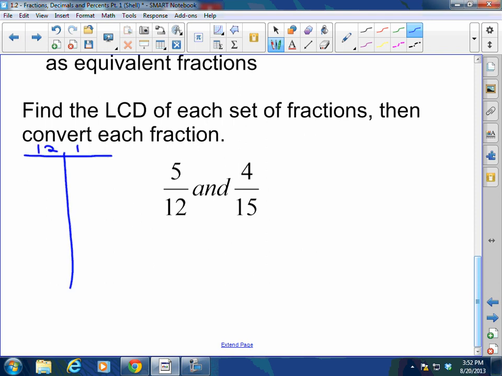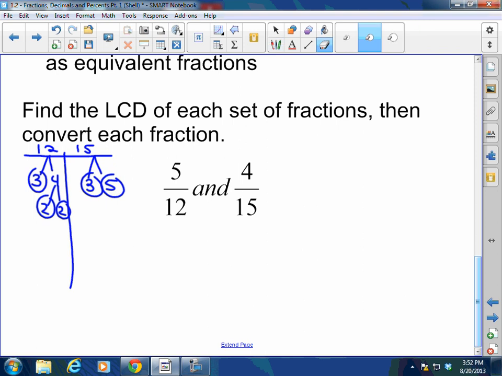Here's 12, here's 15. Let's break this down. 12 is 3 times 4. 2 times 2 is where 4 comes from. That's the prime factorization. And 15 is 3 times 5. So my GCF: a 3 and a 3 comes out as a 3. So that's my GCF. I'm looking for my LCD, which is my LCM.